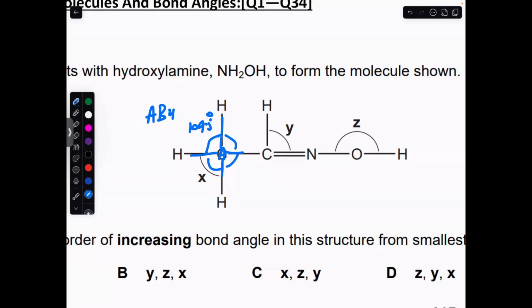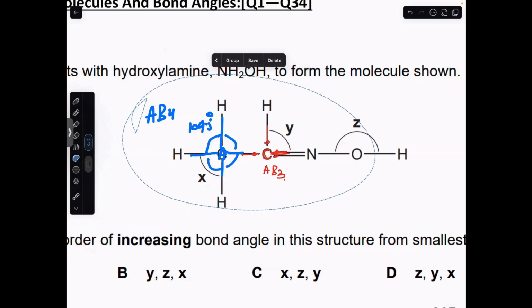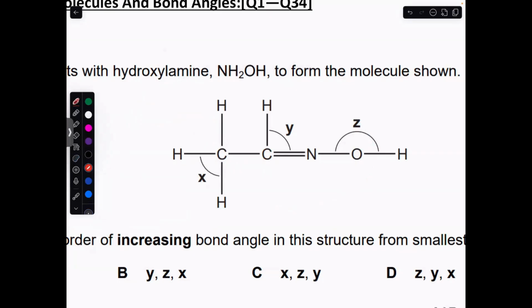This is group 4. 1, 2, 3, 4. Is there any lone pair? No. So it's one shared, another shared, another shared. It's AB3. No lone pair. Look, I want to explain this to you. I told this already. If group 4 makes 4 single, 109.5.